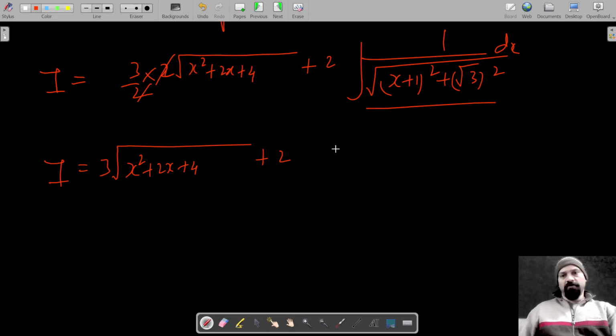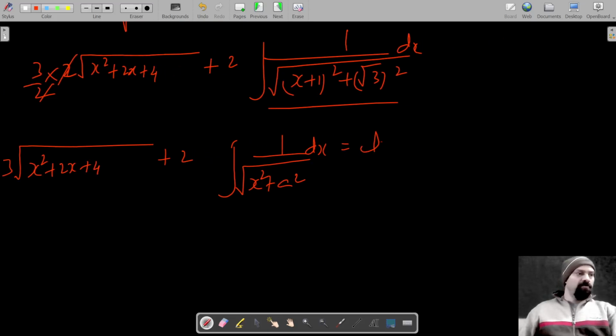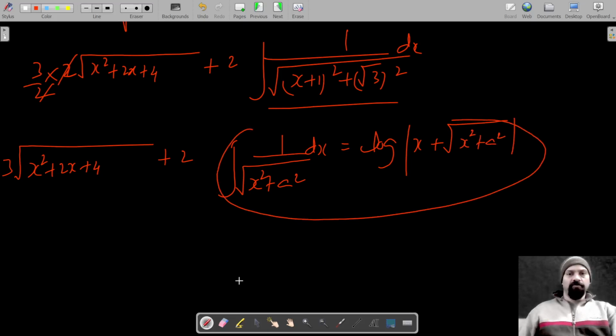Now this is of the form integration of 1 upon under root of x square plus a square into dx, which is equal to log of x plus under root x square plus a square. So let's use this.